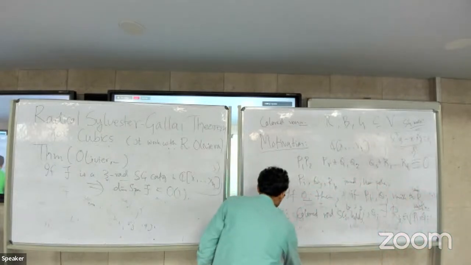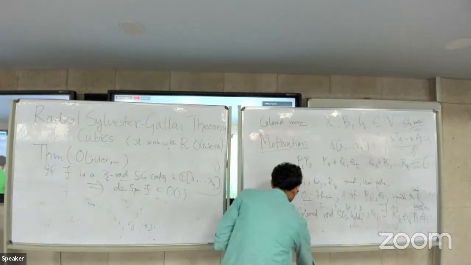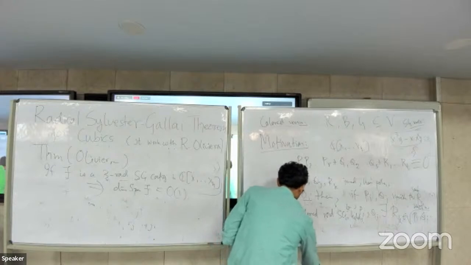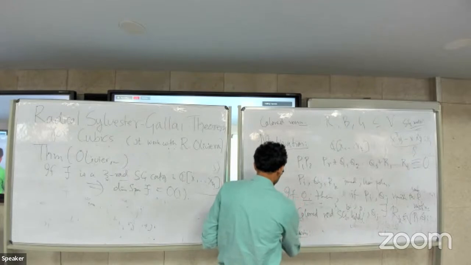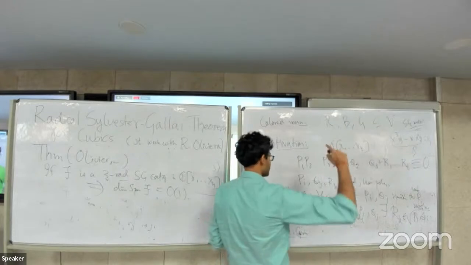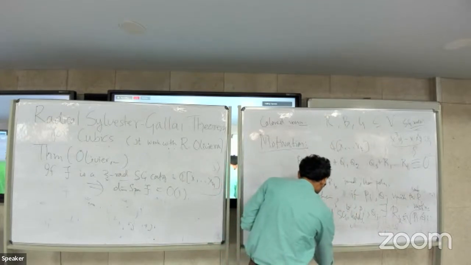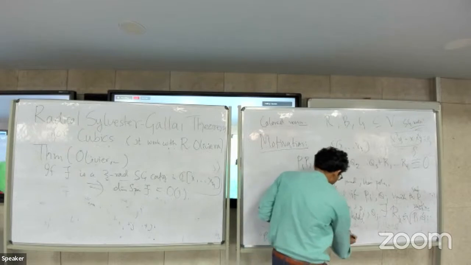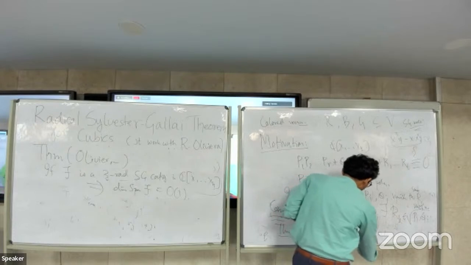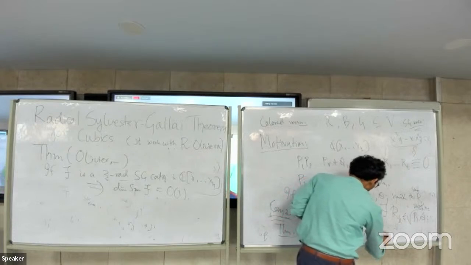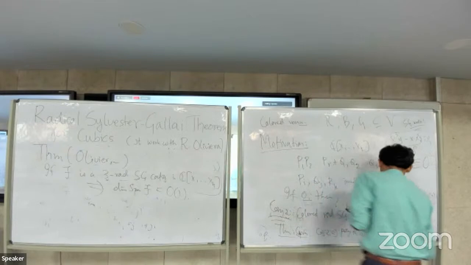And the theorem of Gupta is that, let's call this conjecture 2, since conjecture 1 was the first conjecture: conjecture 2 implies polynomial time algorithms for polynomial identity testing.